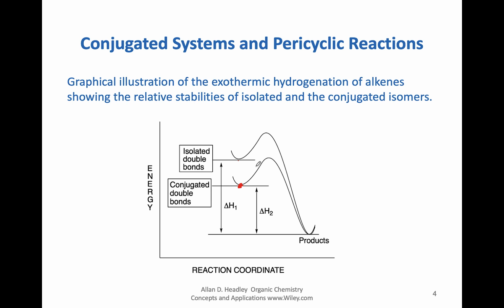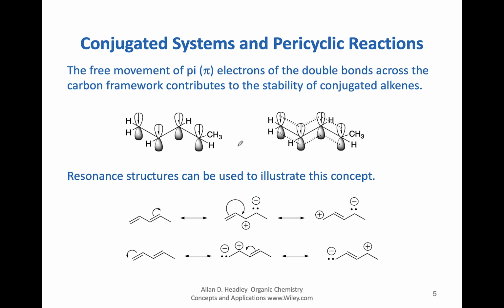Let's see how that works in terms of the stability. So here we have the same molecule here, but the free movement of electrons across the carbon skeleton, that is what gives this molecule its stability, or should I say that contributes a lot to its stability. The free movement of the pi electrons here.